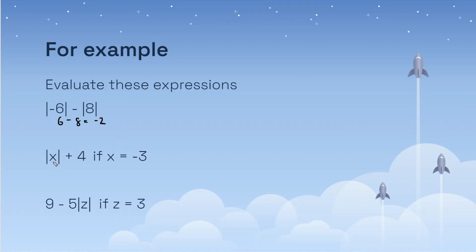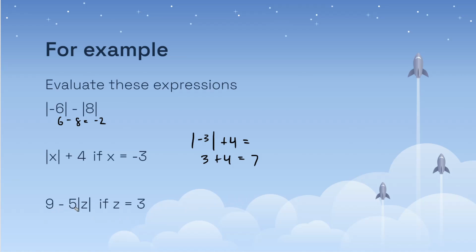The absolute value of x plus 4 if x equals -3. So the absolute value of -3 is 3, plus 4, that's 7.